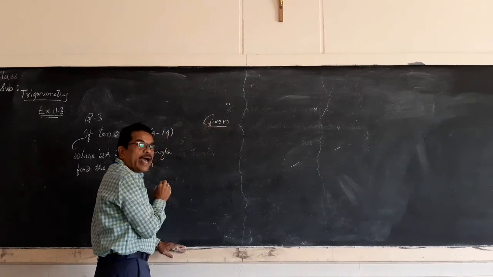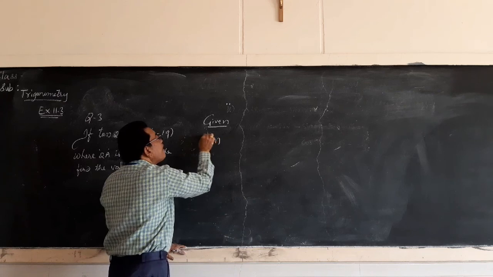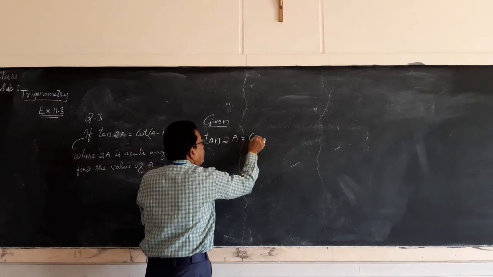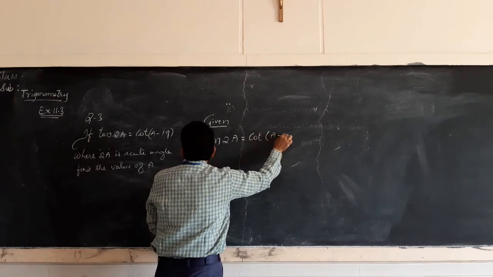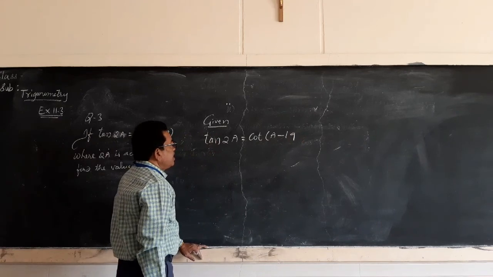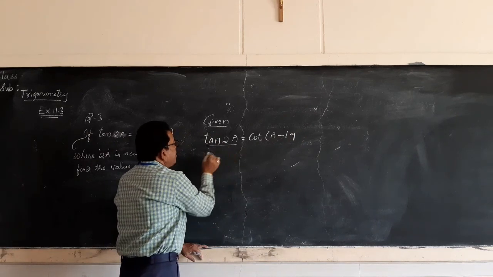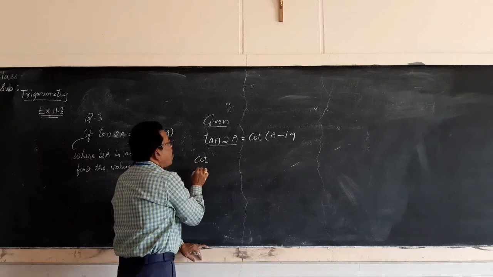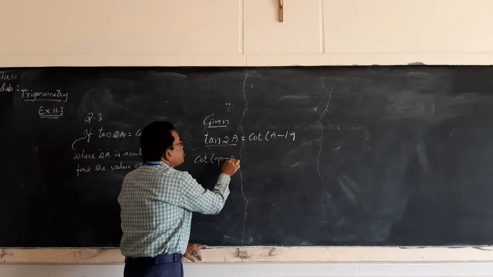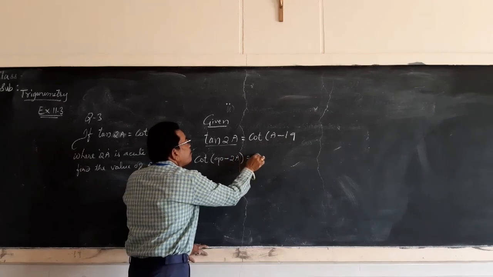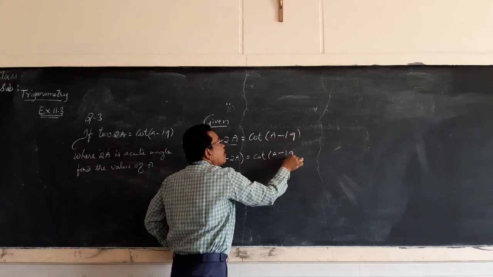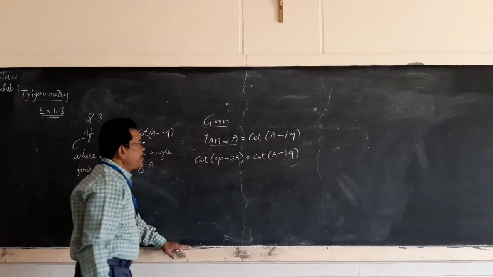given tan 2a equals cot of a minus 19. Tan 2a can be written as cot of 90 minus 2a.